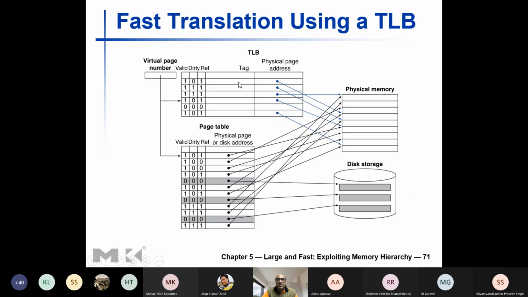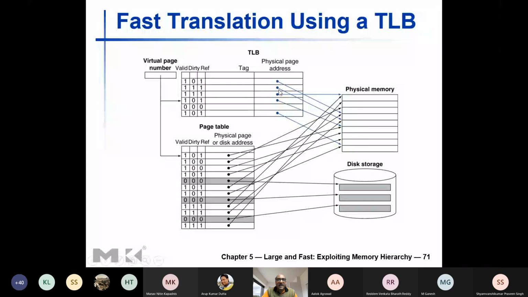Now this TLB maintains a tuple, a pair of the virtual page number and its corresponding physical page number. So both are maintained by the cache. Whenever a virtual address is generated, it first consults the cache and checks the tag entries, whether the virtual page number matches any of these tags.